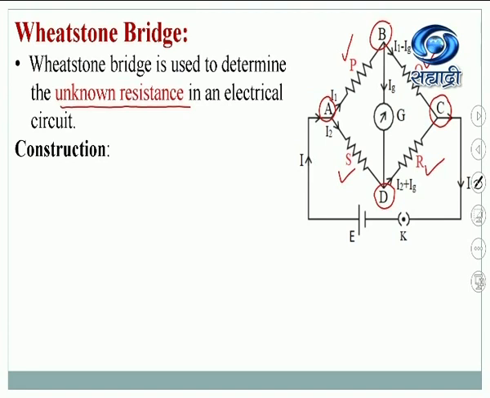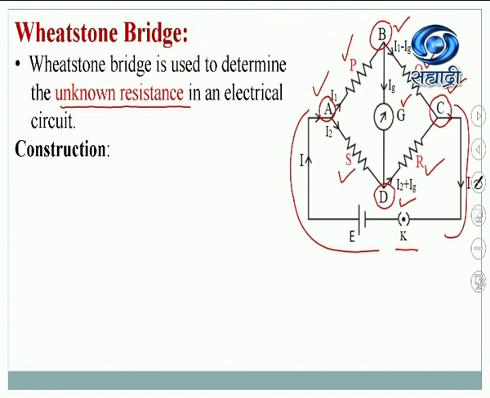Again, between B and D, there is a galvanometer connected. Whereas between A and C, there is a battery, a cell having EMF E, and a key K connected between A and C.